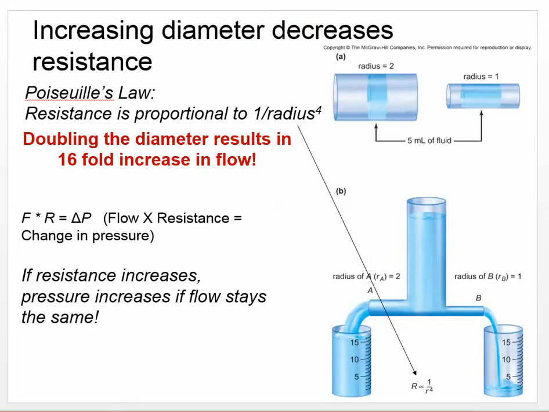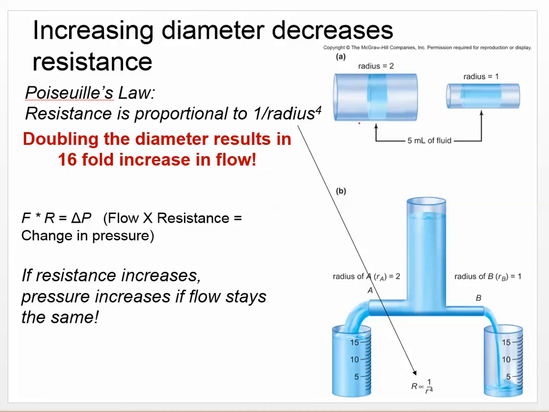Okay. So increasing diameter decreases resistance. That's Poiseuille's law. And this is the important thing to understand: doubling the radius does not just cut the resistance in half. It actually reduces it by a factor of 4.